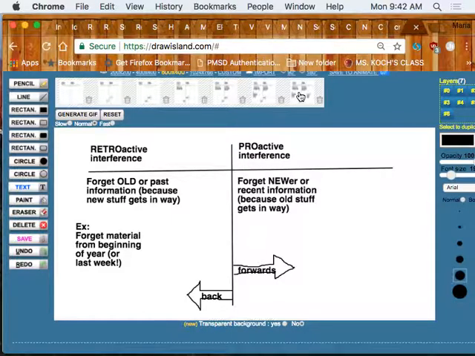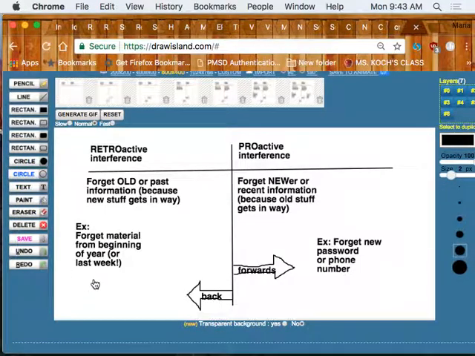Now, an example of proactive interference would be forgetting a new password or a phone number. So, for example, maybe you keep entering your old password in, so you remember the old stuff, but the old stuff is interfering with this new password that you have to remember. So the interference or the forgetting is happening, it's forward acting. Now, a great way that I think could also help you is just to think of what is forgotten.